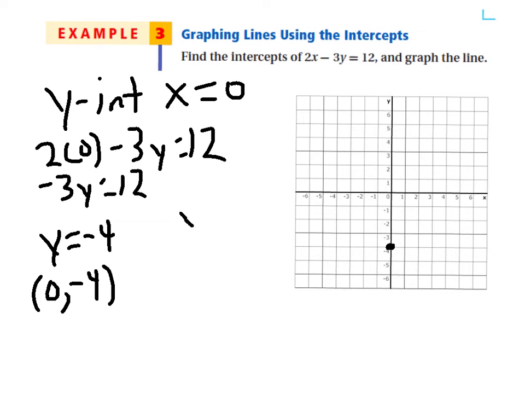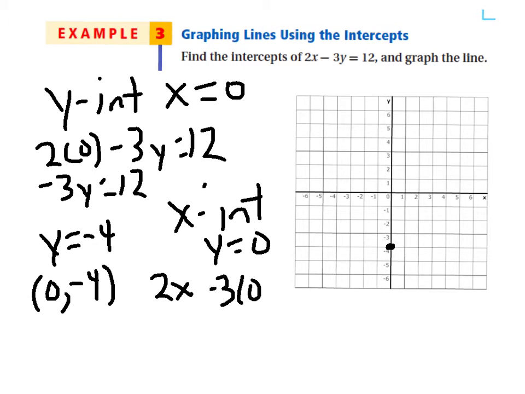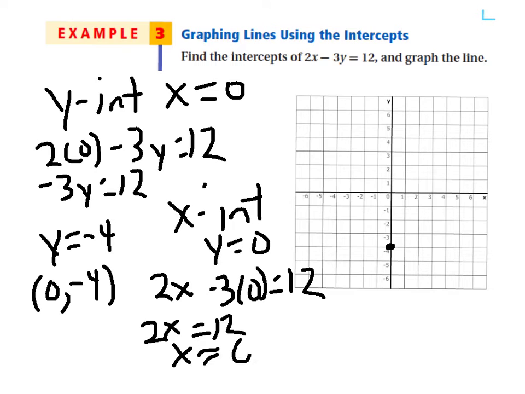And now we're going to find the x-intercept. Now remember, at the x-intercept, y is 0. So we'll take the same equation, but this time we plug in 0 for y. So we get 2x minus 3 times 0 equals 12. And 3 times 0 is 0, so 2x equals 12. Divide both sides by 2, we get x equals 6.